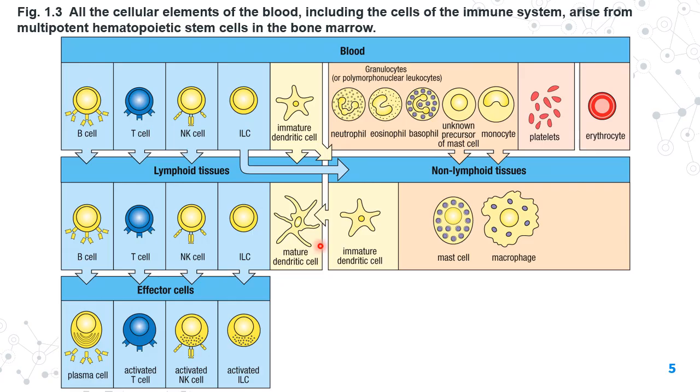Okay, so the dendritic cell is going to go from tissues that are not part of secondary lymphoid tissues. So they're going to travel from other tissues and they're going to go to those secondary lymphoid tissues and interact with the initial cells of your adaptive immune system. Okay, so dendritic cells are really, really important for that.